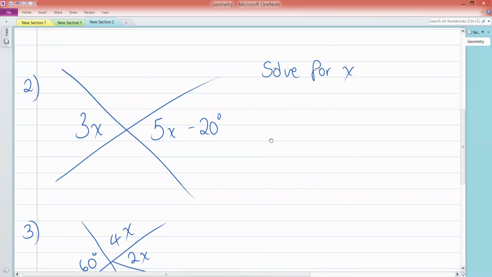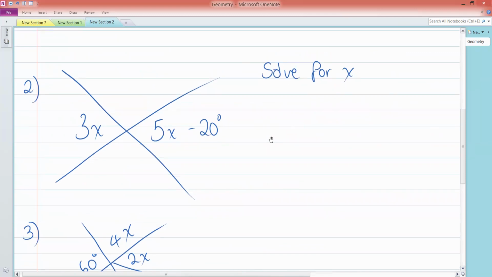Now let's look at this one. Number 2, we want to solve for x. Now we have two lines here, and then we have these two angles. What do we call these two angles? Vertically opposite. Good. So what do we know about vertically opposite angles?